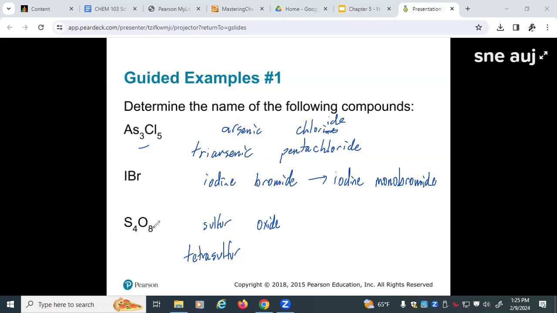The prefix for 8 is octa. So tetrasulfur octaoxide would be the result here.